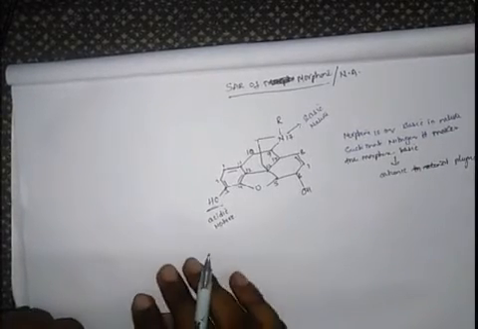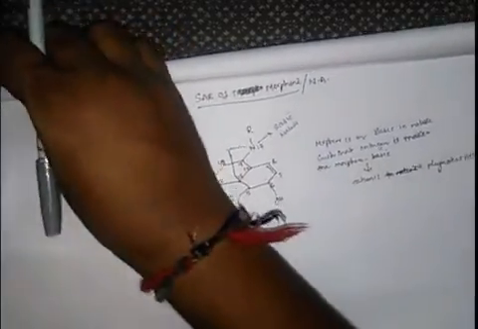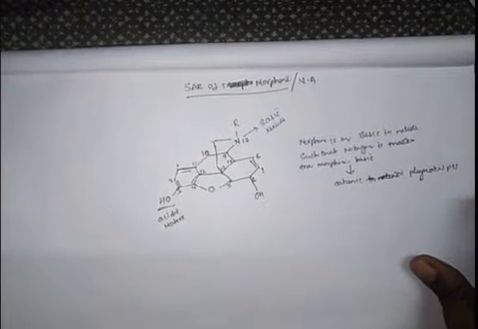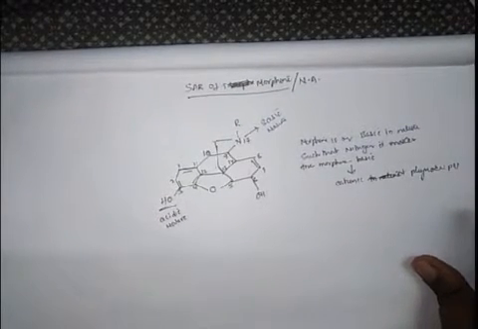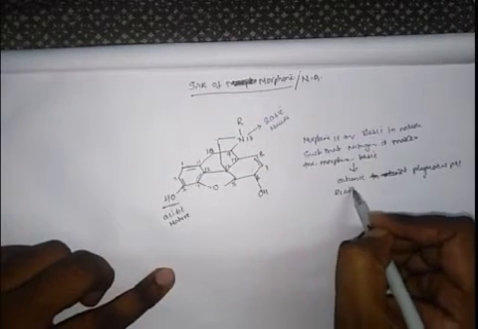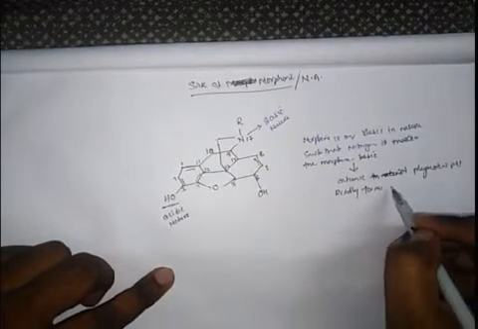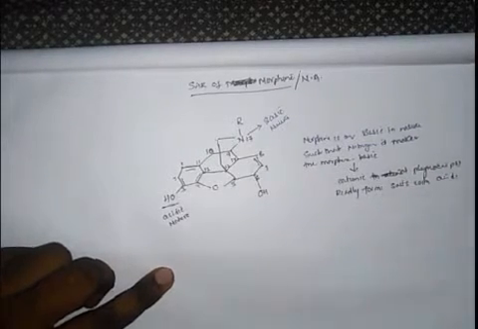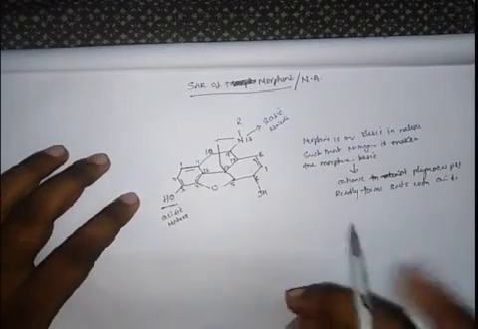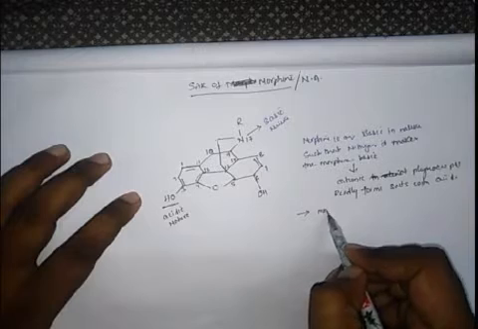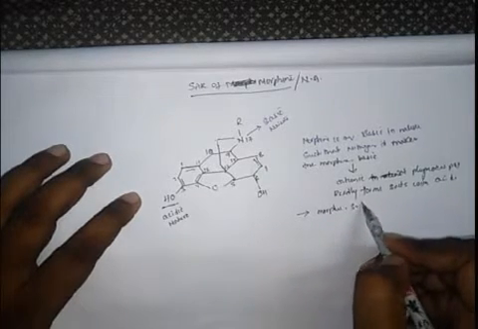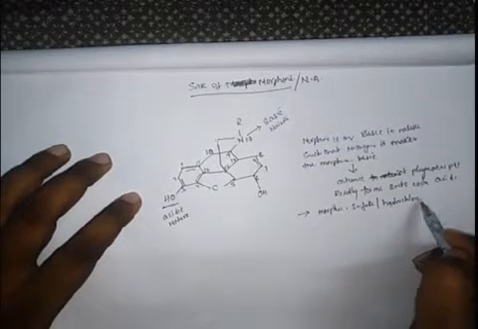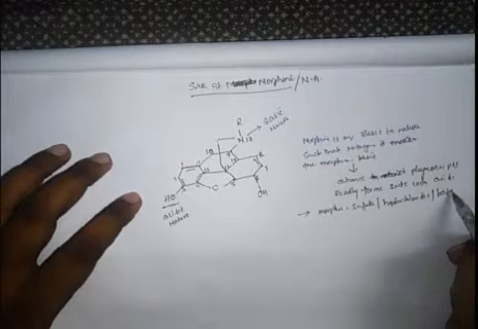They exist as cations at physiological pH and readily form salts with acids. That is the reason why morphine and morphine analogs exist as morphine sulfates or hydrochlorides or tartarates.